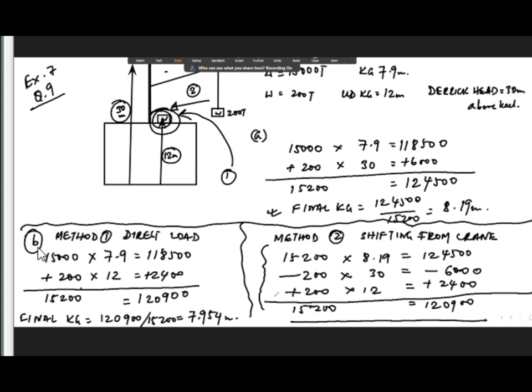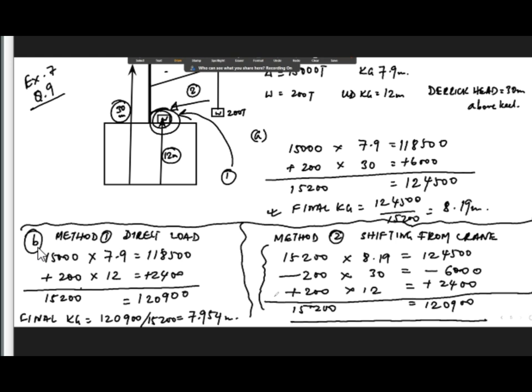Any one method. Is that okay? Ravi, speak. Sir, the second part that you just did with method 1, the initial KG is 7.9, but as the derrick lifted the weight, the question of the derrick doesn't even arise. They have given us 200 tons to load, right? What does the question say? We want to load 200 tons and we want to put it on the upper deck 12 meters.